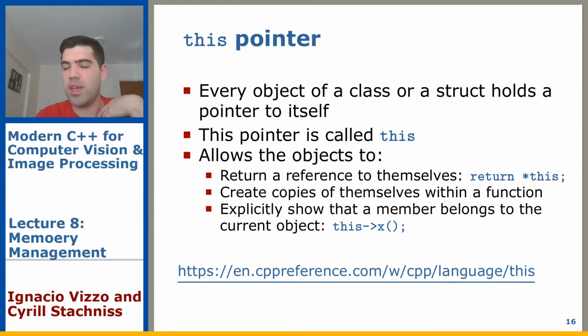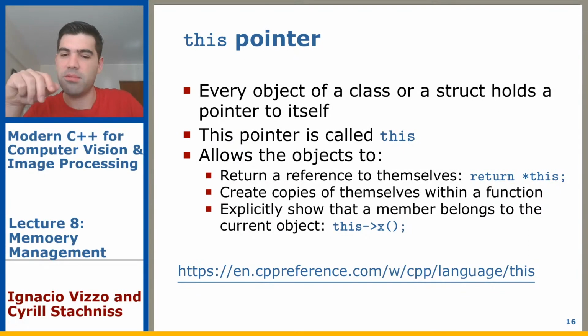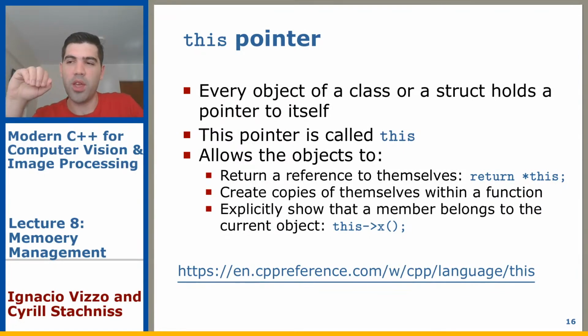So say you have a class function, and you do some operation with x, and there's some other x flying around. Every time you use x, you're actually using this x behind the scenes, but sometimes you want to express it to show the reader that you're talking about the x that belongs to this particular object.